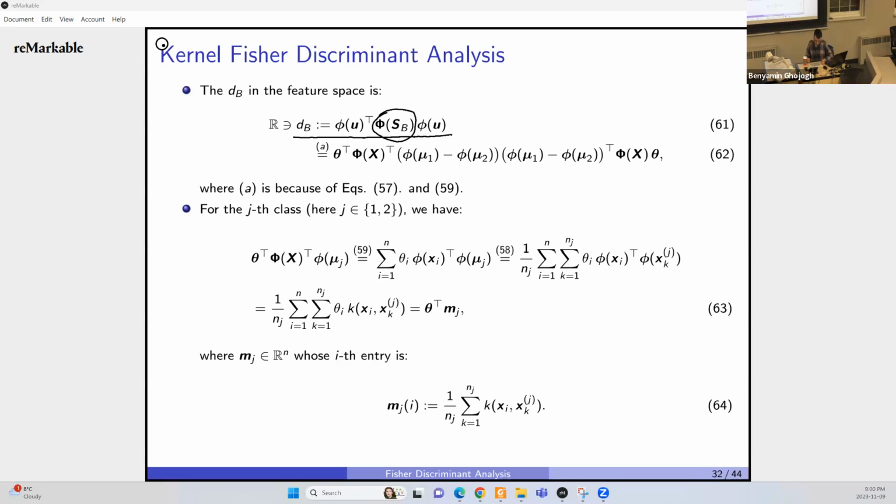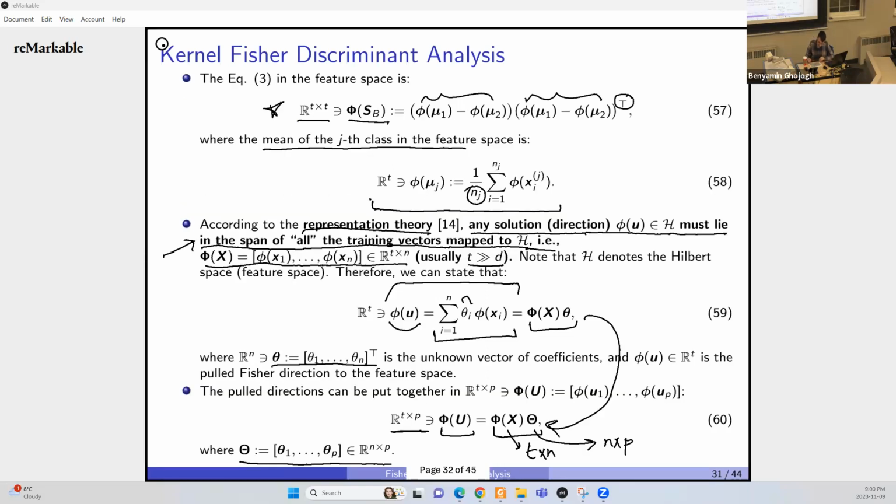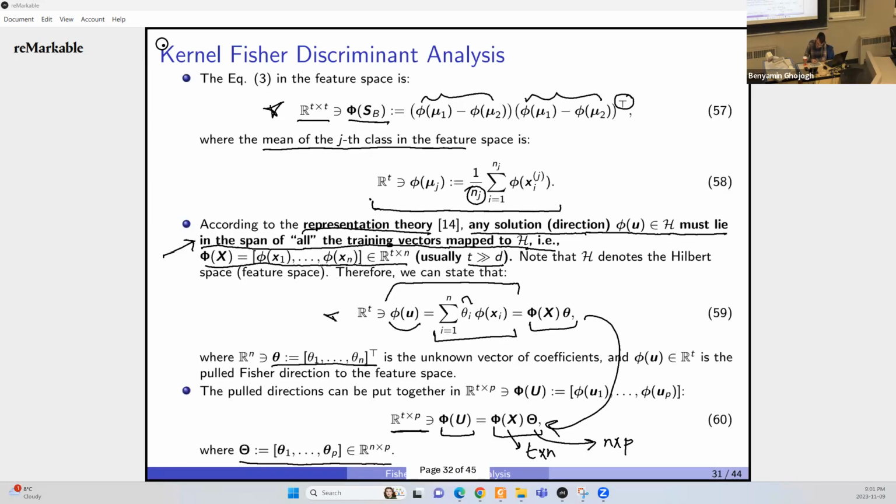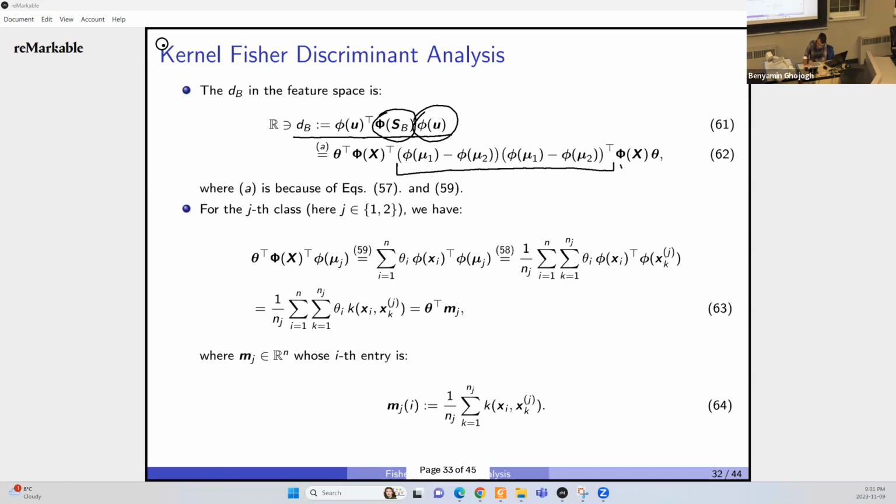We just talked about it. Phi SB, according to this equation 57, is this. Phi SB, right? What was phi U in the previous slide? We just talked about it. Equation 59 is phi X theta. As a result, phi U transpose becomes theta transpose phi X transpose, because transpose reverses the order of matrix multiplication, right?